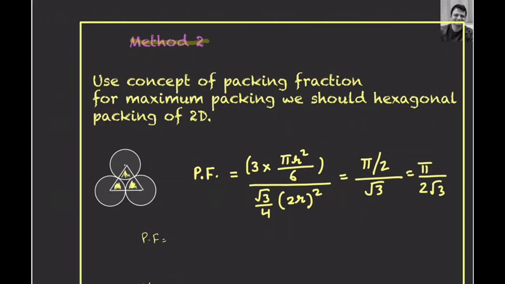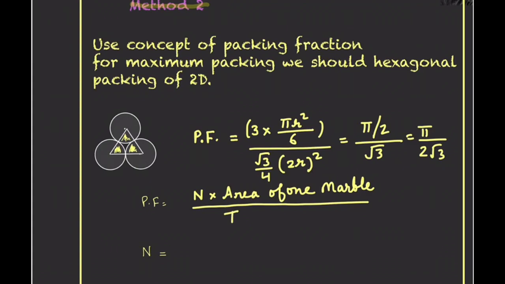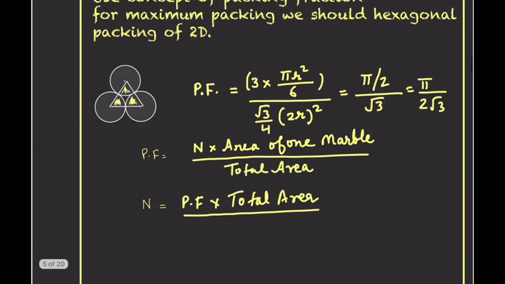So now we are using the concept of packing fraction. Packing fraction is equal to total area occupied, so assuming there are n marbles, n multiplied by the area of one marble, divided by the total area. Total area will be the area of the square. So from here, n is equal to packing fraction into total area divided by area of one marble.